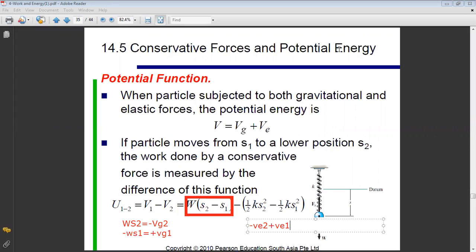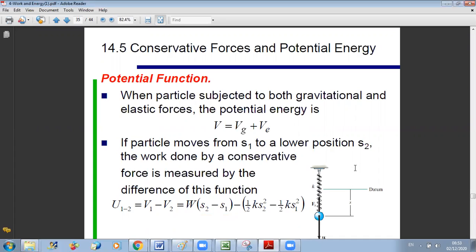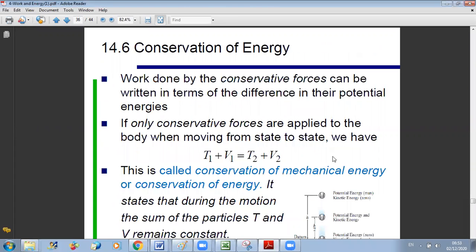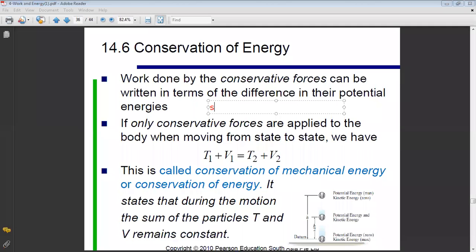Okay, so now we can come up with a new theorem, the conservation of mechanical energy. If you replace in the work and energy theorem, what do you have? The sum of work between state 1 and 2 is equal to T2 minus T1.